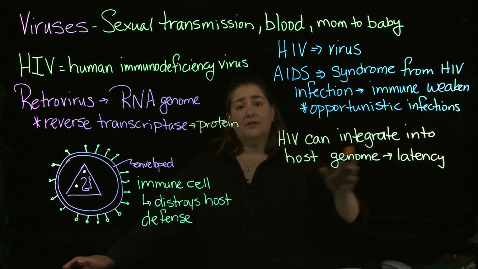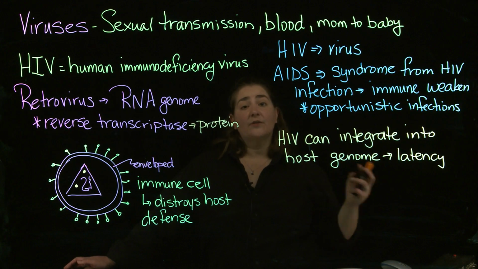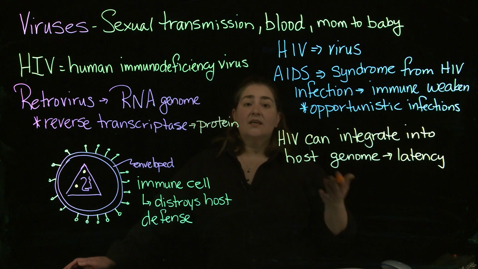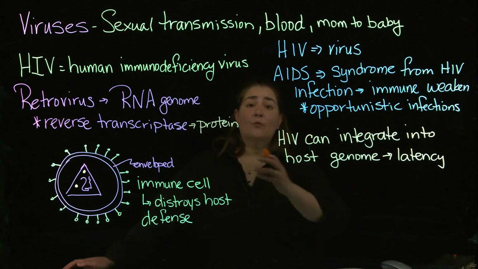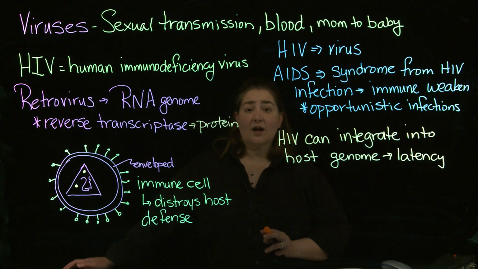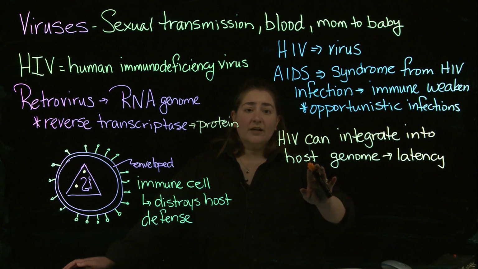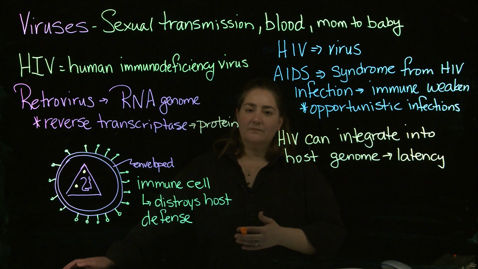That latency period essentially depends on where that HIV virus integrates into the host genome. If it integrates in a place where the genes aren't transcribed or the genes aren't used, you're not going to get a lot of replication of that HIV virus, and it's going to kind of lay dormant, all right?